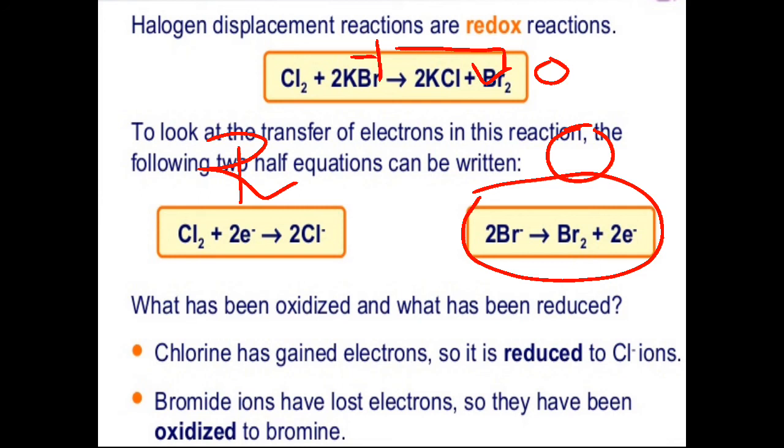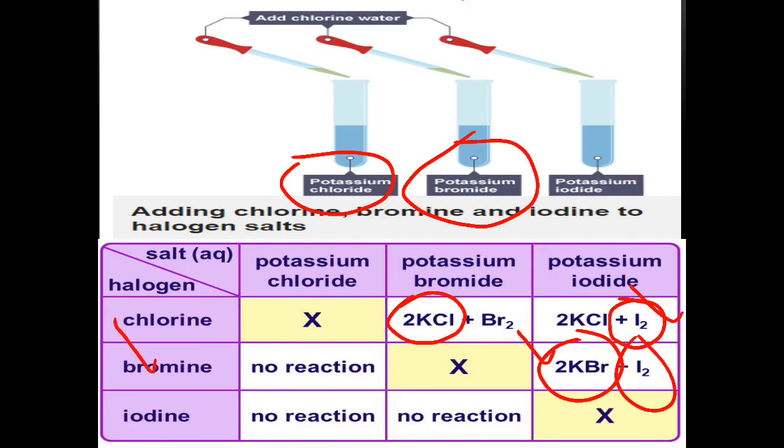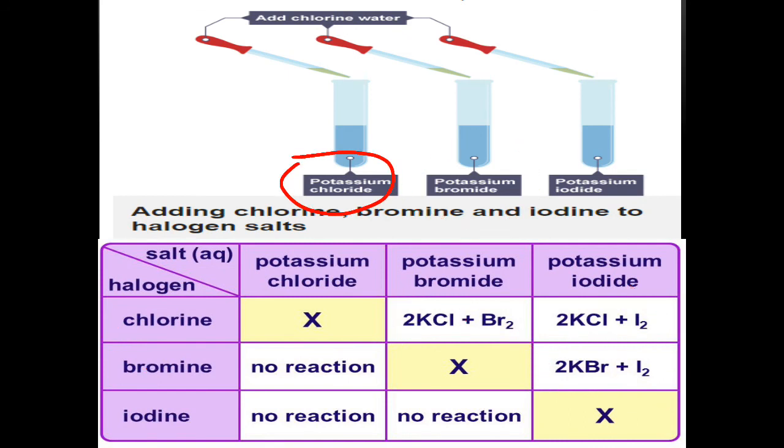So chlorine has gained electrons, it is reduced to chloride ions, and bromide ions have lost electrons. They oxidize to become the reason of reduction of the more reactive chlorine. This is not the only reaction, but you should be able to write the chemical reaction for the displacement of bromine, the displacement of iodine, and the displacement of iodine in case of bromine.